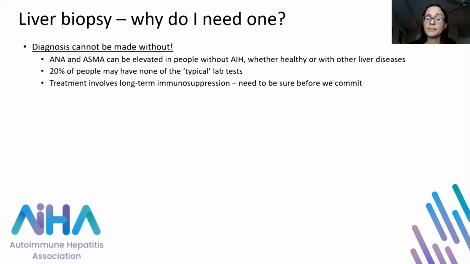And then the other thing that I tell my patients is that the treatment involves long-term immunosuppression. And so that has some implications in terms of potential adverse effects from drugs, which we'll go into, and just other factors related to immunosuppression. And so I really want to be sure that the patient has autoimmune hepatitis before we commit to that path.